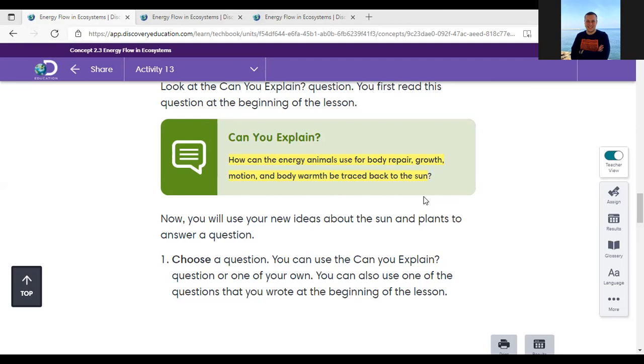Can you describe the way the animal gets the energy inside its body from the sun? Actually, animals eat plants, right? Or they eat other animals that ate plants, right? In this case, the animals get the energy that their body needs from eating plants.